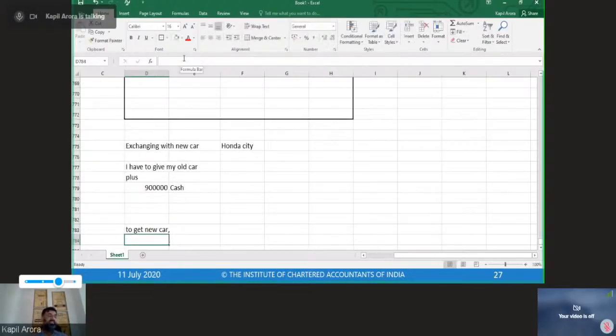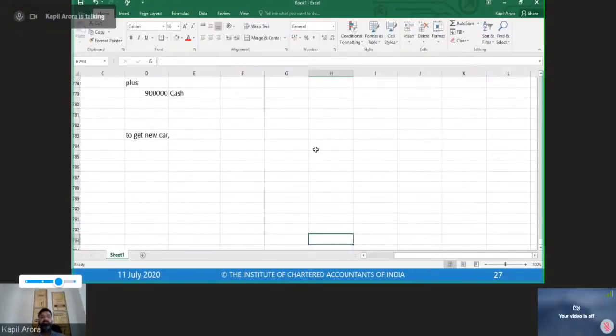That is the question which we have. The fair value of Honda City in the market is 12 lakh. So what will happen? How will the transaction be recorded?